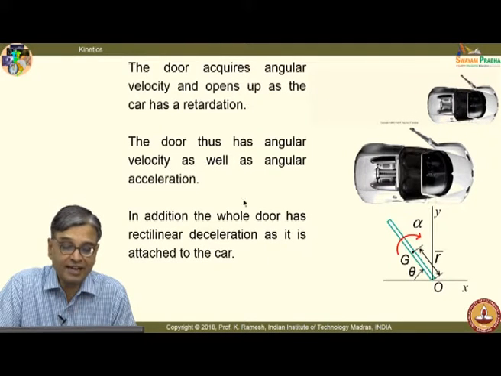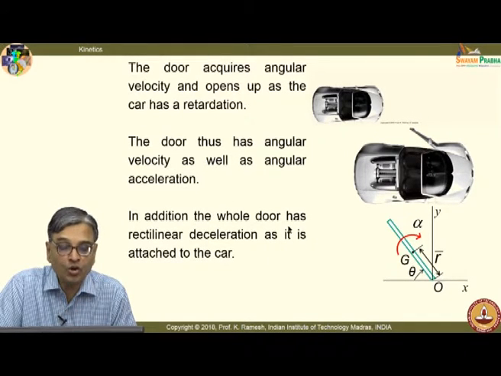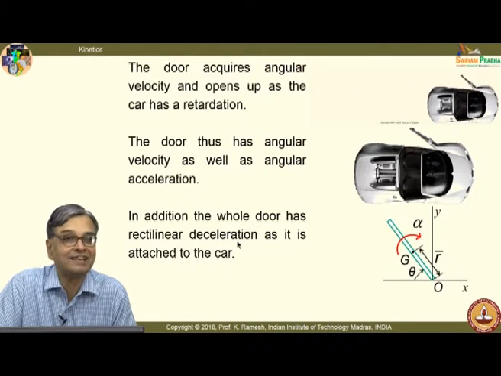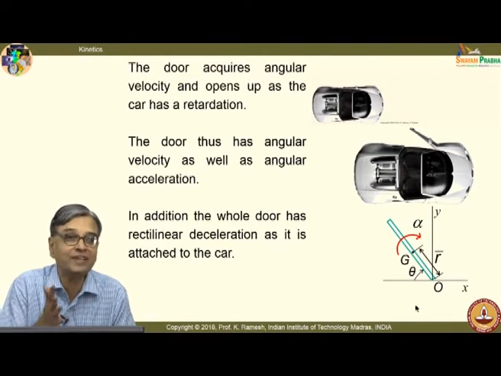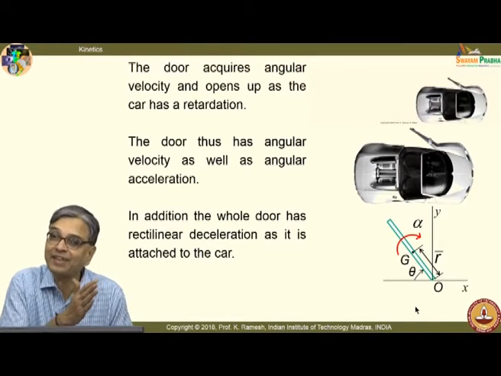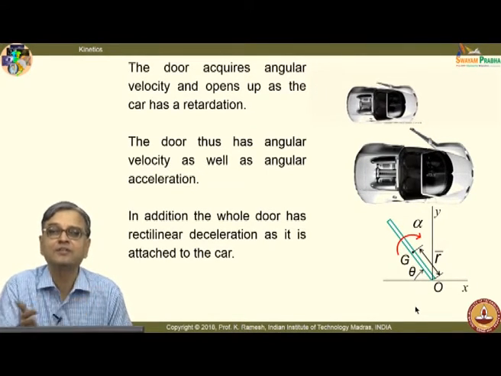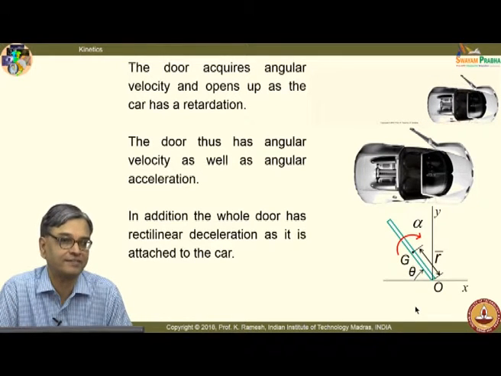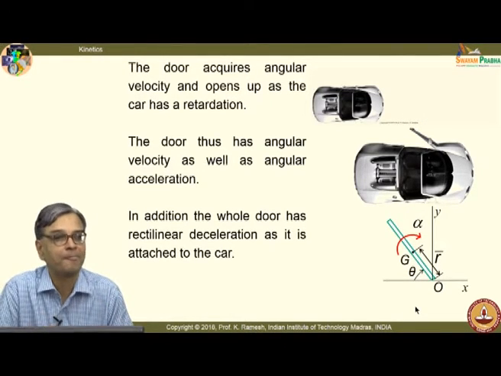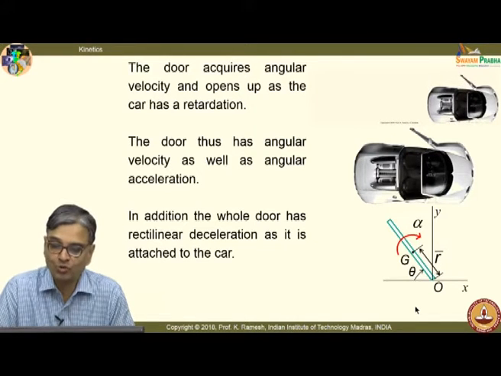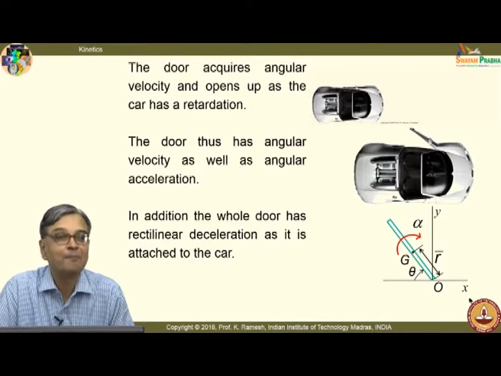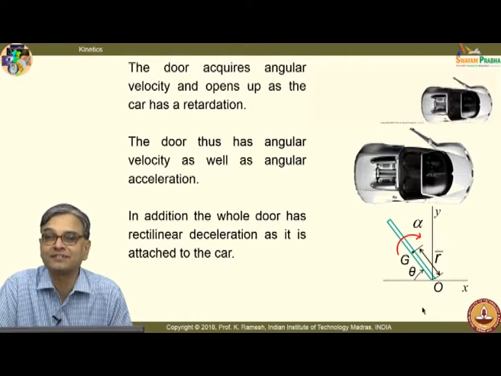So, you have to recognize the whole door has rectilinear deceleration. So, the point O is not fixed, it is having an acceleration. In this case, it is deceleration because we know the direction of the acceleration, it is coming to a stop. So, you have to treat this as point P in our calculations.